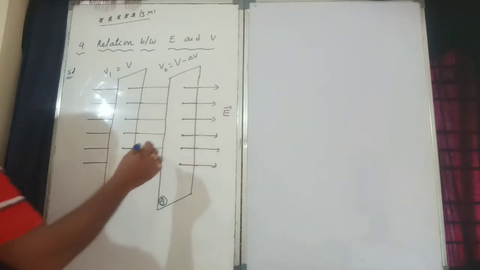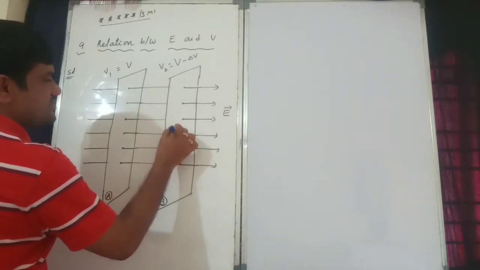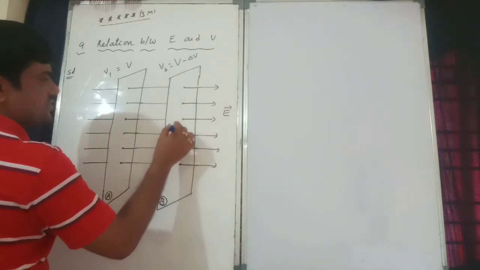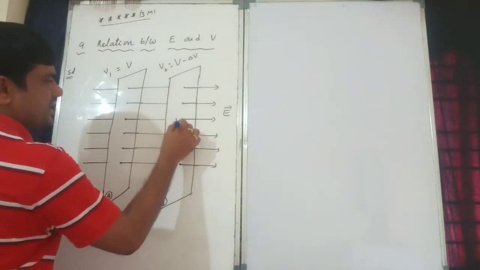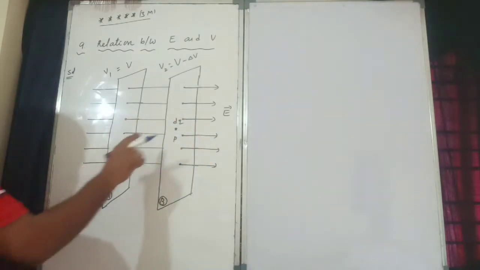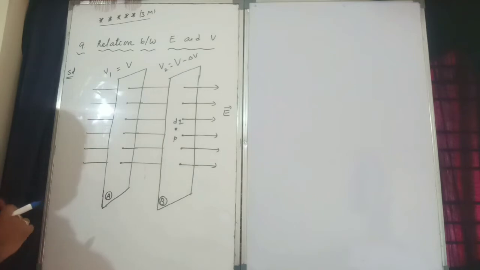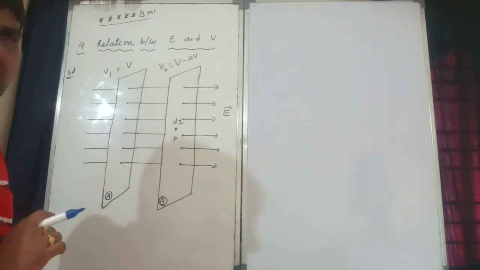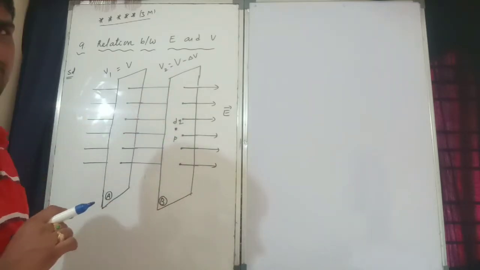Alright. Now I will select a point P. At point P I have a dq charge on the B plate.